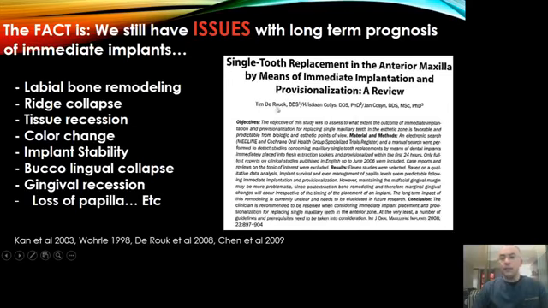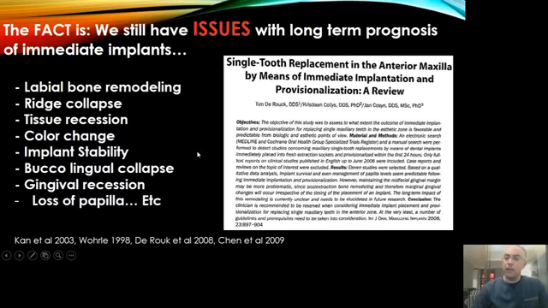Rojas, this is one of the studies that I love, single tooth replacement in the anterior maxilla by means of immediate implant and provisionalization. They showed that we have some issues, especially with poor case selection, and we need to have strict guidelines for immediate implants to bump the success rate higher.